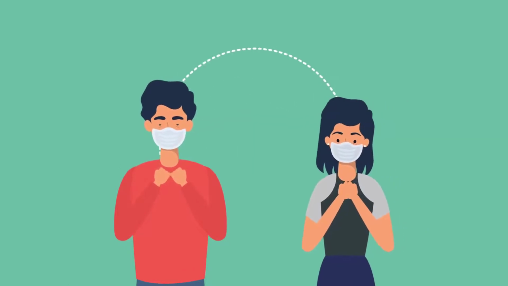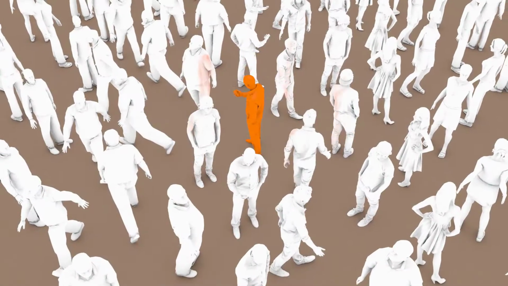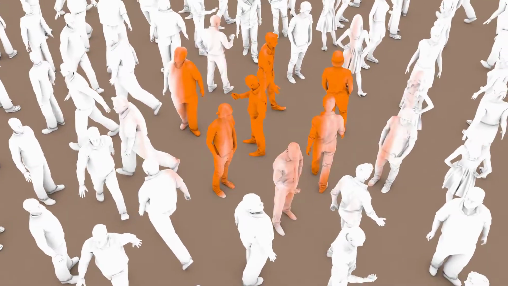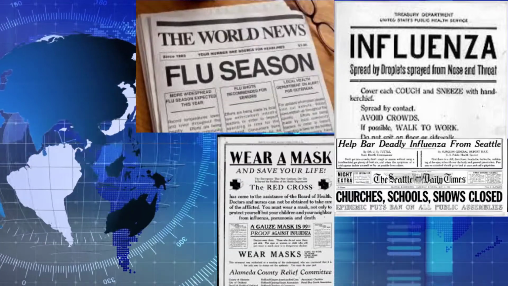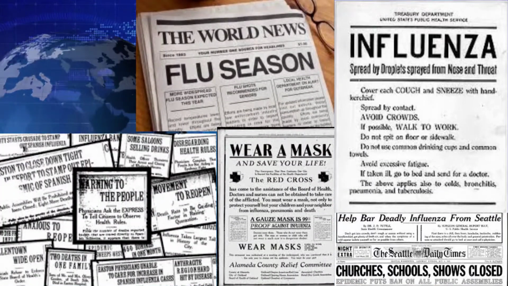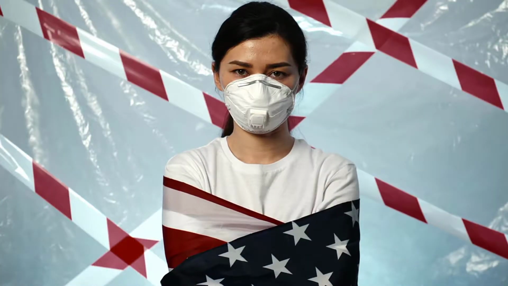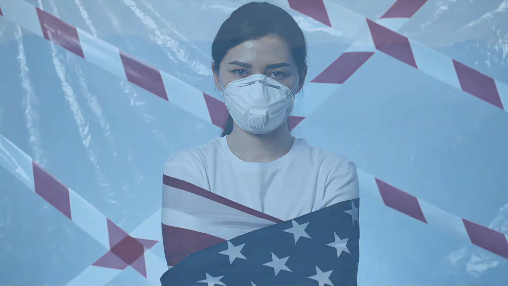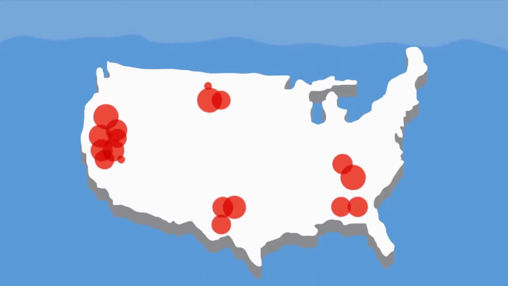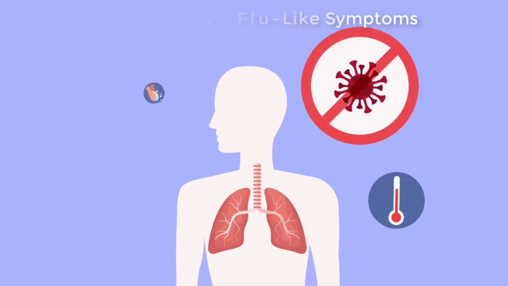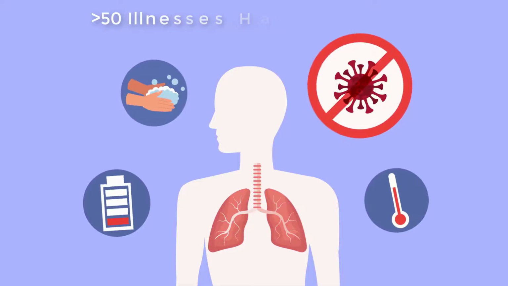If this statement by the CDC is accurate, there is no way of substantiating that patients fitting this criteria alone indeed have COVID-19, as opposed to the tens of millions of people suffering from the flu or similar illnesses each year. On average, more than 200,000 people in the United States are hospitalized each year for illnesses associated with the influenza virus. To make the matter more complex, Wikipedia cites 50 different medical conditions that have flu-like symptoms.